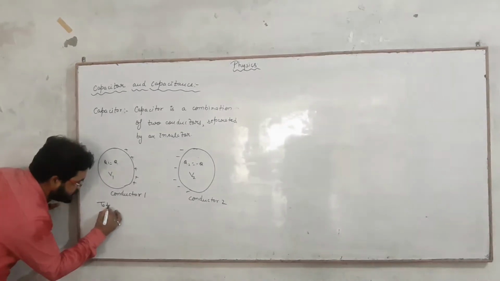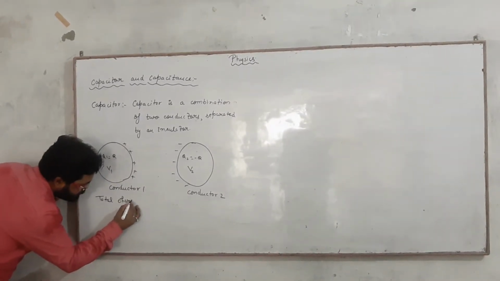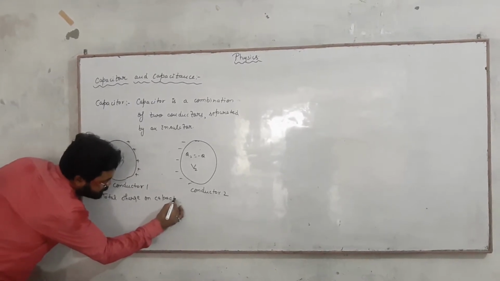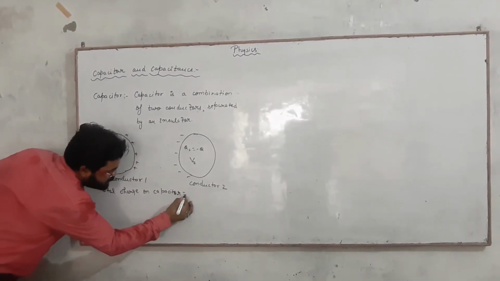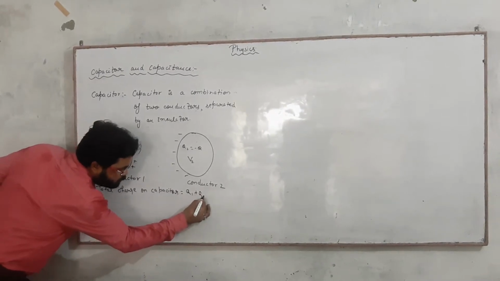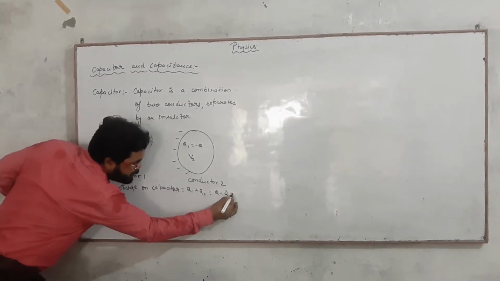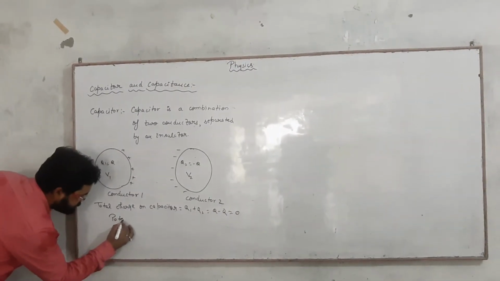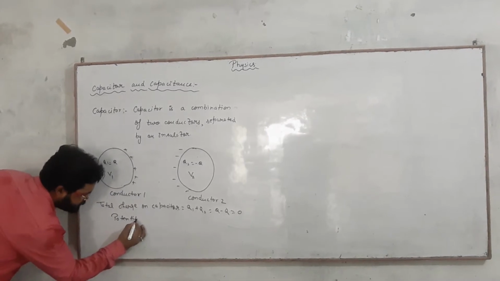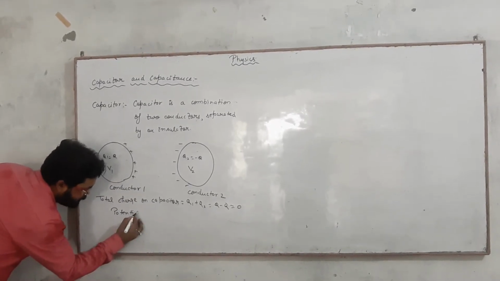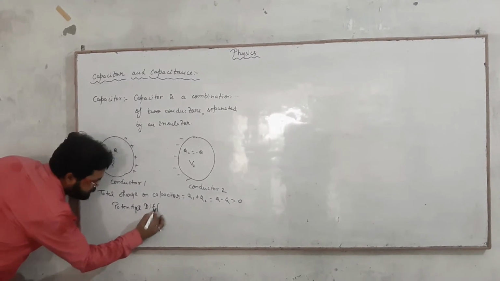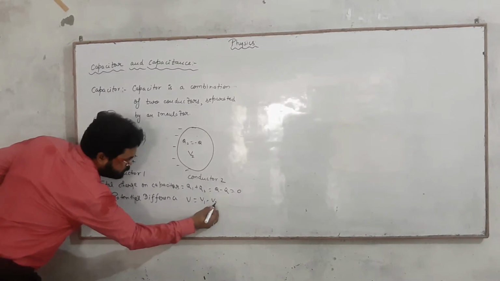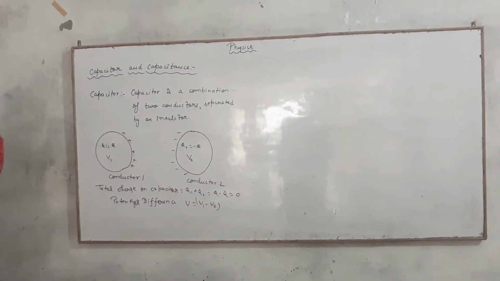The total charge on the capacitor is equal to q1 plus q2, that is q minus q, which is equal to 0, and the potential difference V is equal to V1 minus V2.